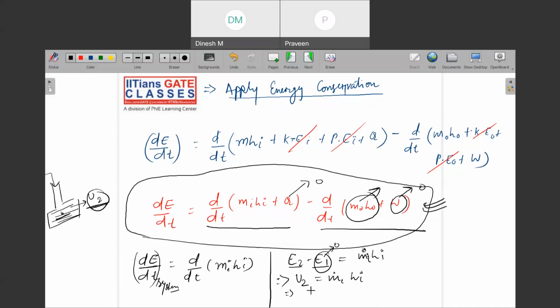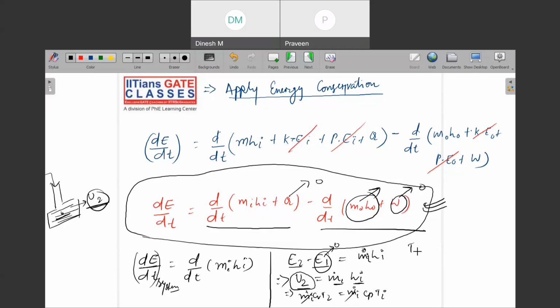And U2 is what? m Cv T2, where m is the total amount of mass entered, so mi. And h is nothing but Cp into Ti. So can you see now that mi got cancelled?